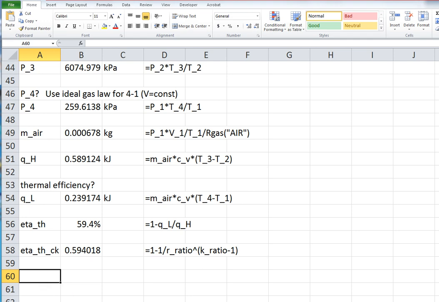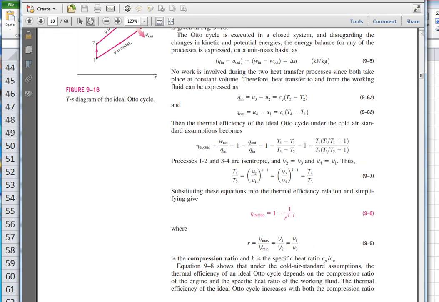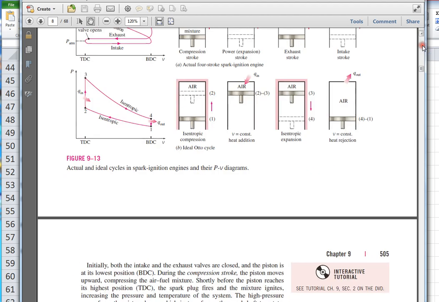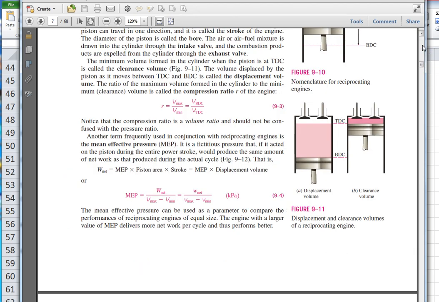And again, there's a formula in the book, but it was in the review part and I skipped over it, I think. Yeah, mean effective pressure is the net work divided by the delta volume. So we need to know that Vmax minus Vmin, and we've got that mercifully, so let's see if we can come up with something.